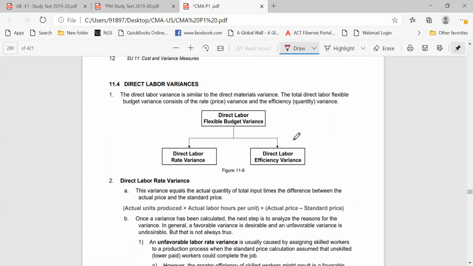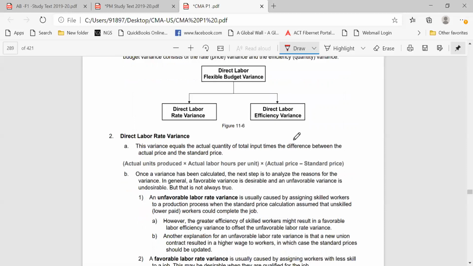Labor rate variance is nothing but standard rate minus actual rate multiplied by actual hours worked. Now labor efficiency variance is nothing but actual hours worked minus standard hours to be worked multiplied with standard rate. You would get your direct labor efficiency variance.